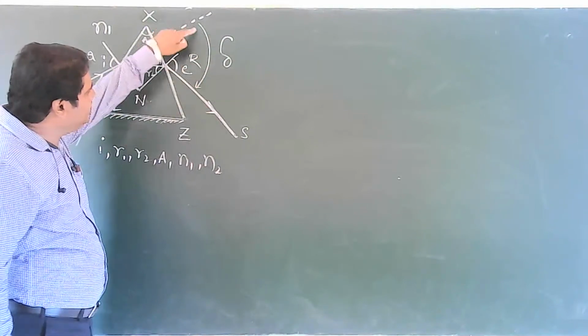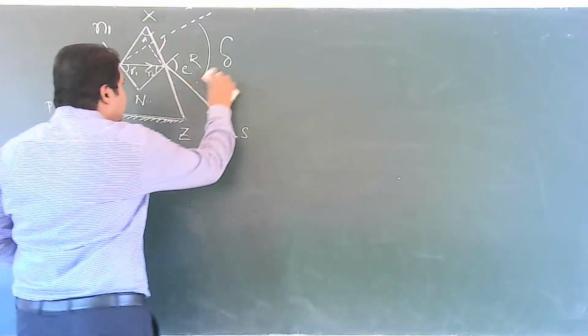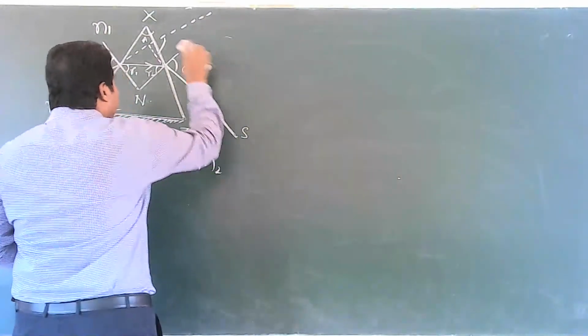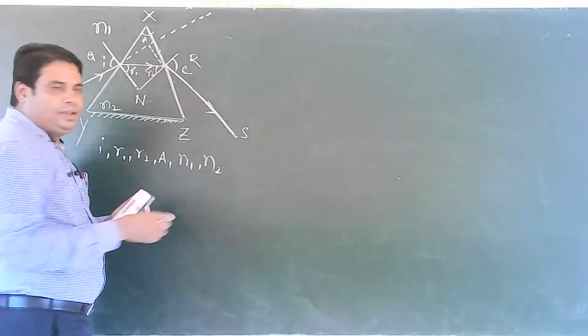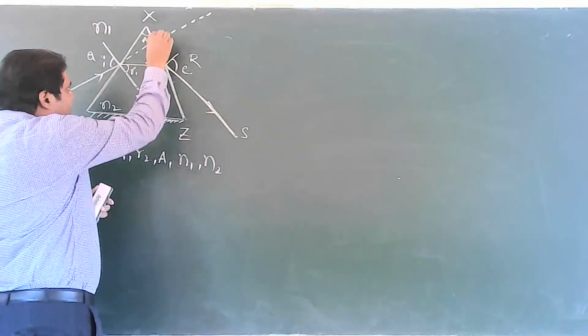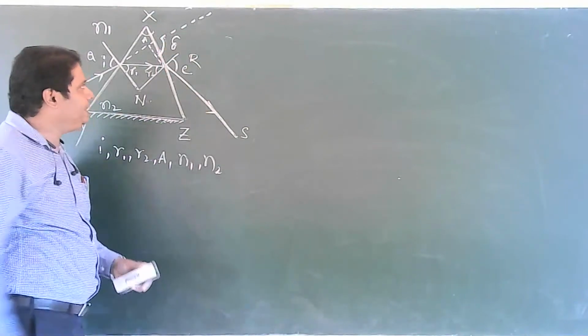I will represent delta somewhere here only to avoid confusion. This is the amount of deviation produced.